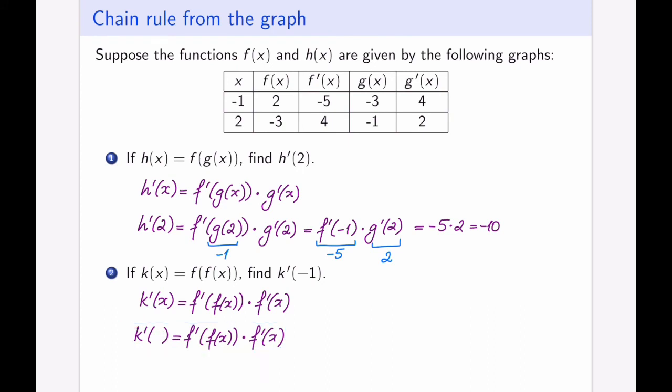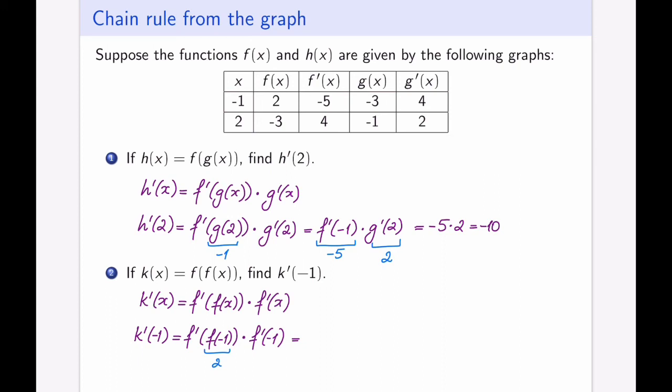And then, as before, I'm going to take the same expression and I need to calculate this at -1. So I'm going to replace my x with -1 throughout. Okay, -1, perfect. So, working my way from inside out again, f of -1 is going to be equal to 2.